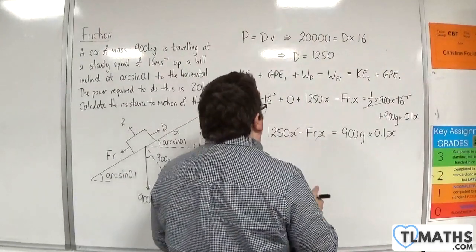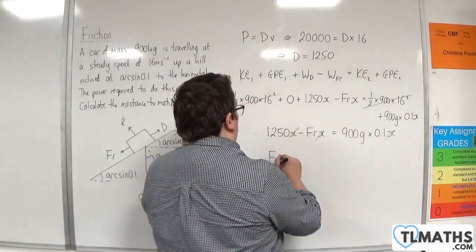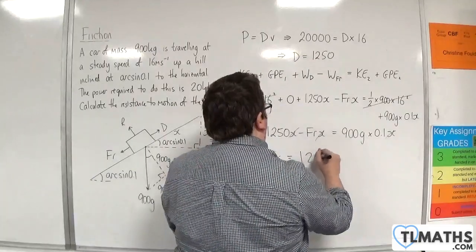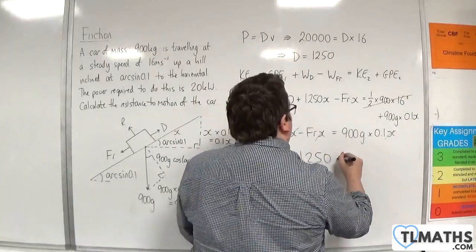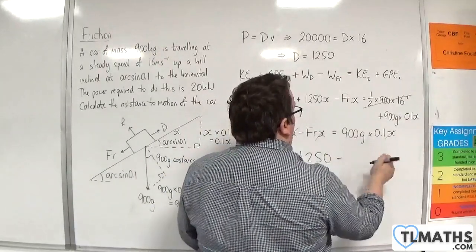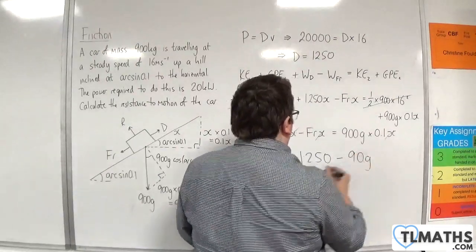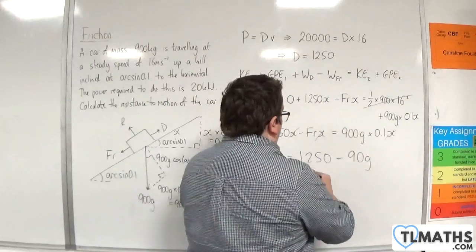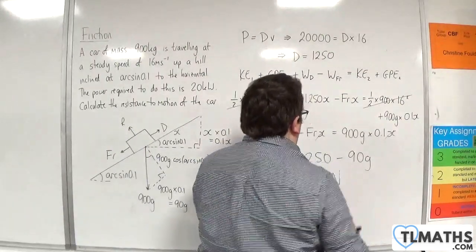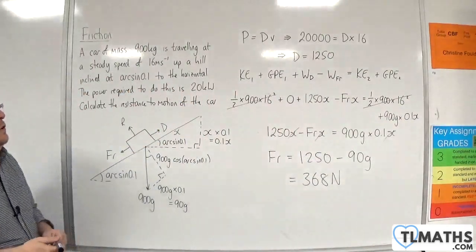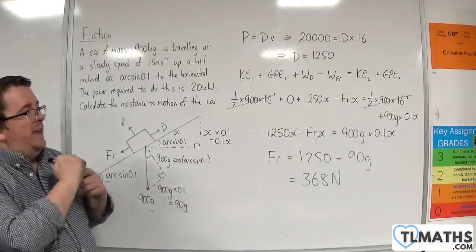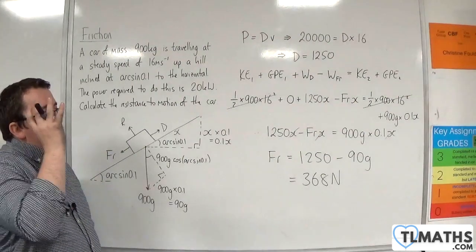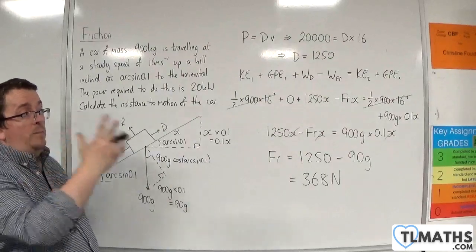Then we have that the friction is equal to 1,250, take away 900g times 0.1, which is 90g. And that's precisely what we had before, that's 368 newtons.